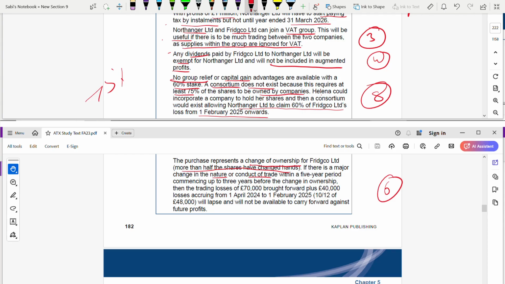If there's a major change also within the 5-year period, commencing 3 years before the change in ownership, then the trading loss of 70,000 plus 40,000 arising from 1st of April to 1st of Feb 2000. If you take it in terms of months, it's 10 months of 48,000.